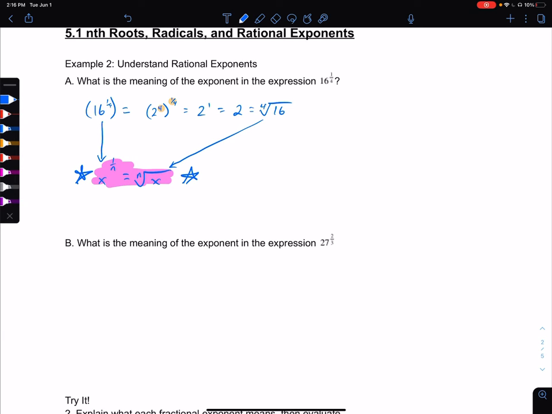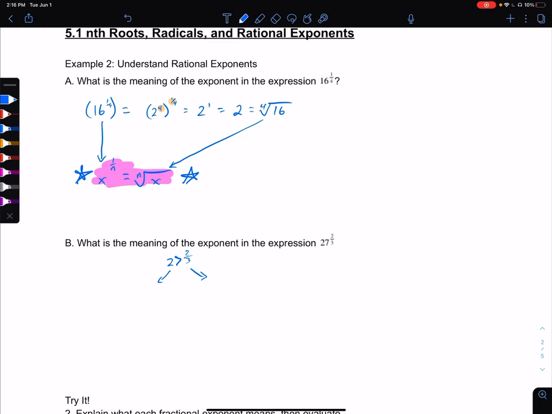In part B, what is the meaning of the exponent in the expression 27 to the 2/3 power? For this one, there are 2 different ways I'm going to show this, and I'll show you how quickly one of them is a much better option than the other. Using the same idea that x to the 1/n power can be rewritten as the nth root of x, I can rewrite it in 2 ways.